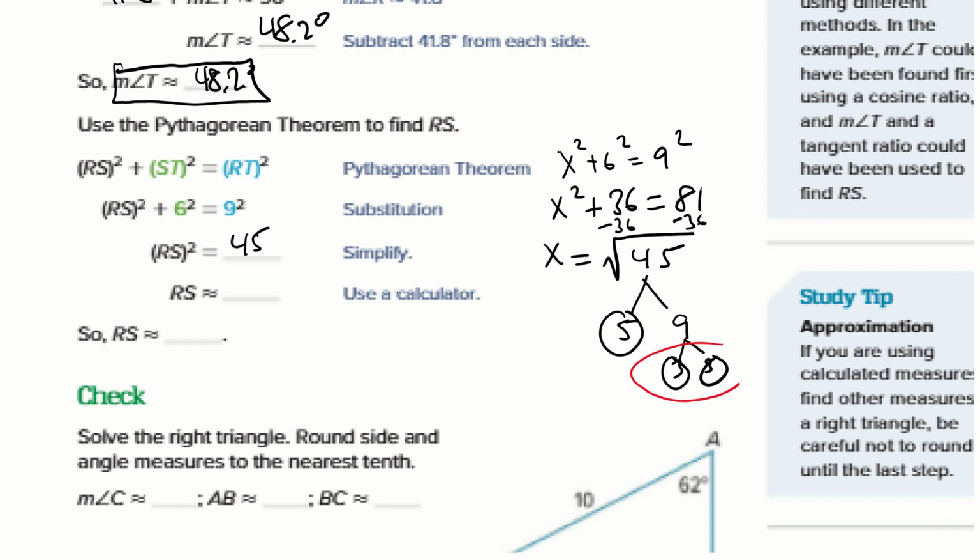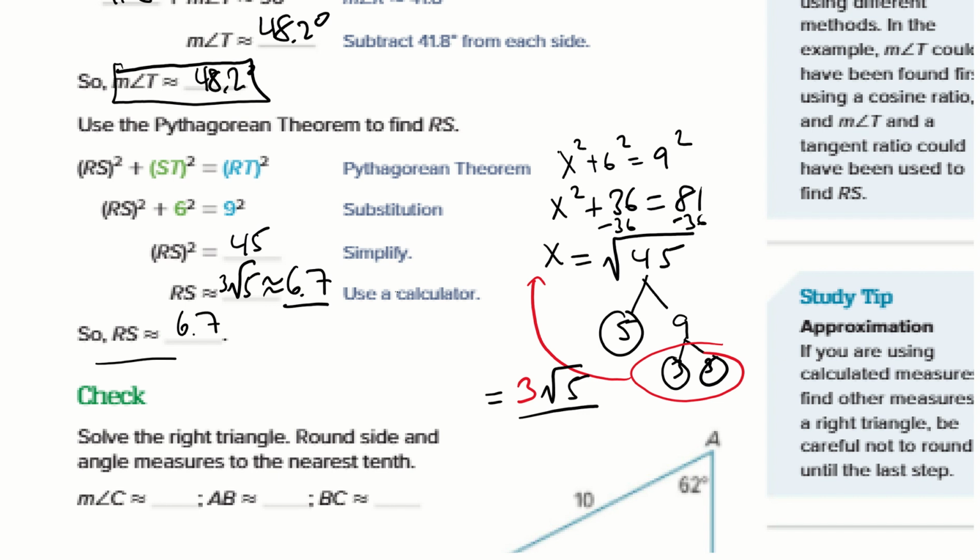We can pull this pair out and we get 3 square root 5, which as a decimal is 6.7. And so we get RS is 6.7.